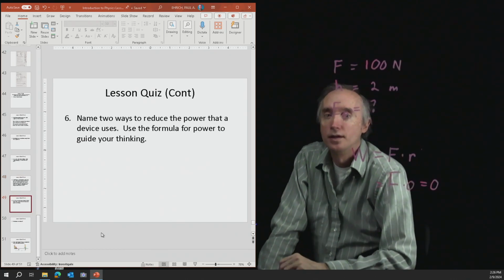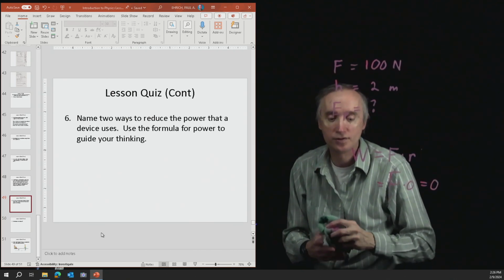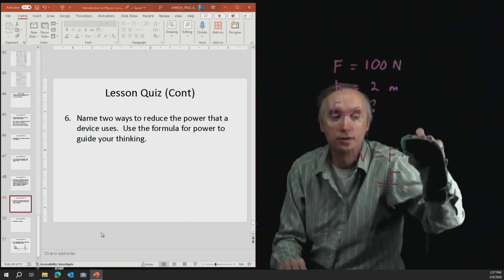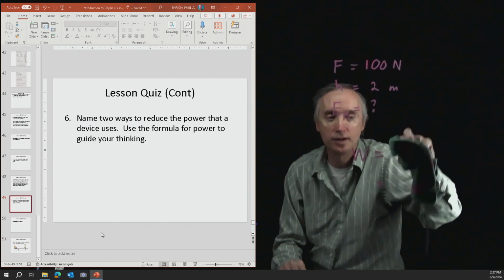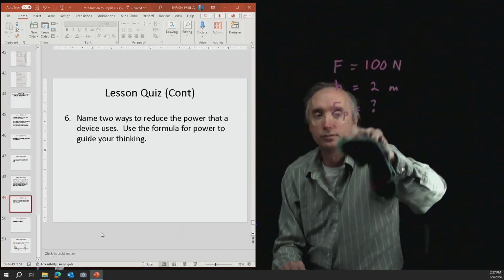Number 6, name 2 ways to reduce the power that a device uses. Okay, so it says to use the formula for power in order to guide your thinking. So can you write down the formula for power?